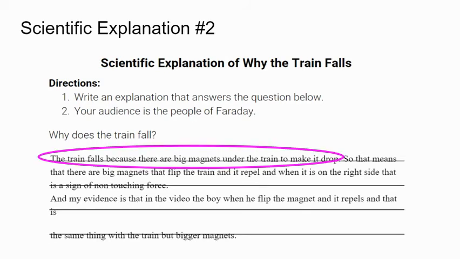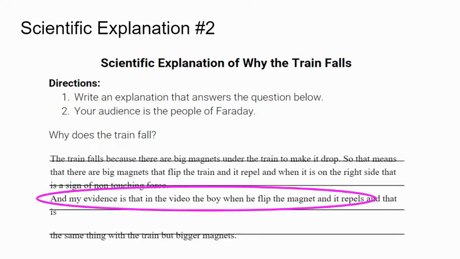So this again answers the question right there in the first sentence. The train falls because there are big magnets under the train to make it drop. And then later on in the paragraph, my evidence is that in the video, when the boy flips the magnet and it repels. So once again, the student used that sentence, my evidence is. Okay? When you write your scientific explanation today, make sure that you are doing those two things, answering the question right away, and then later on saying, my evidence is, and giving some evidence from what we've learned.